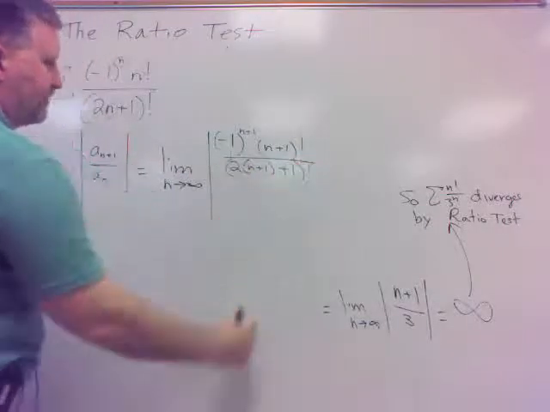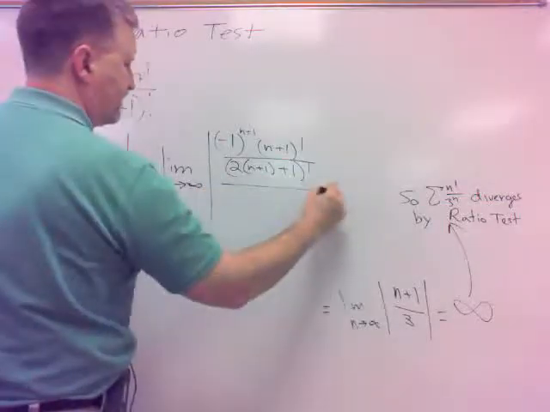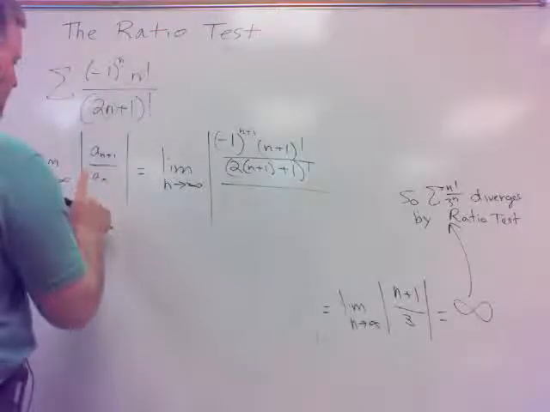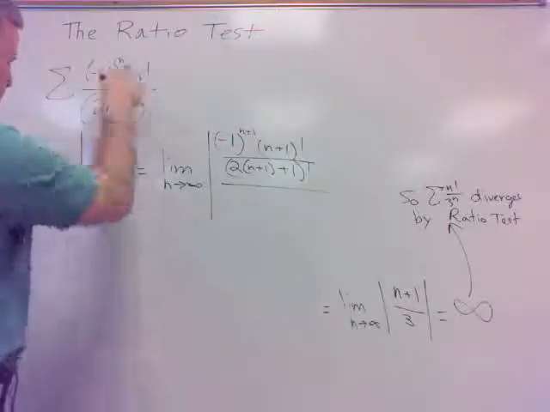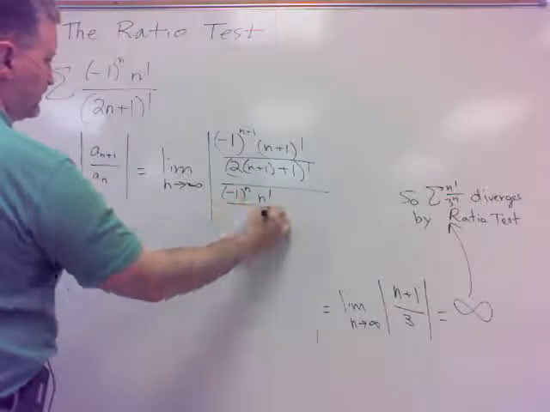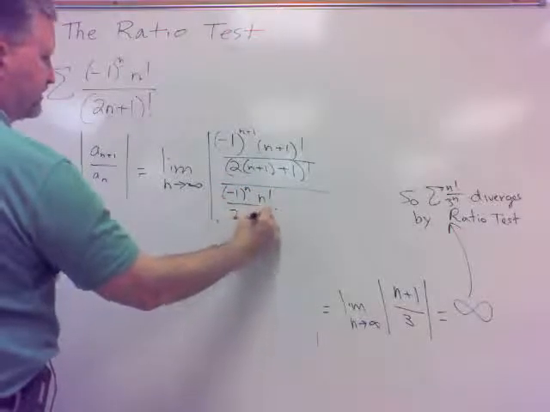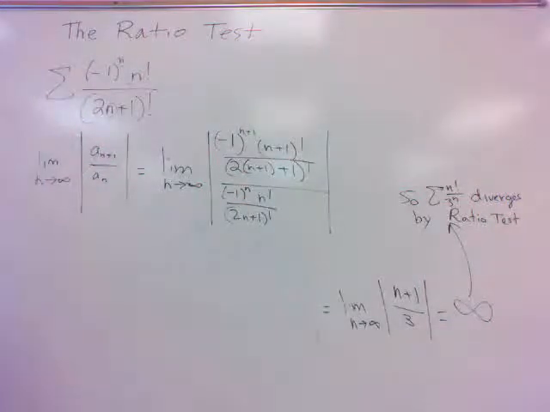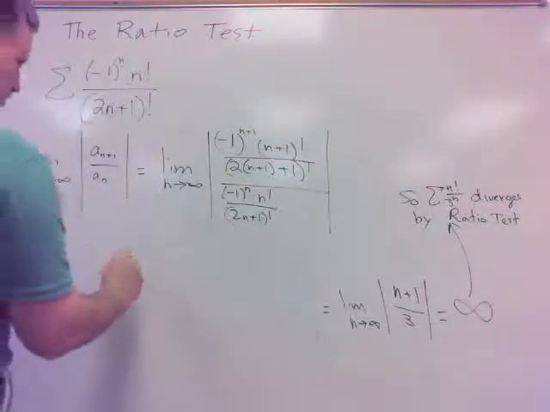Okay, and we'll talk about what that means in a second. That's all the top. So big mess on the top. All right, well, a sub n is just that, so it's negative 1 to the n factorial over (2n plus 1) factorial.